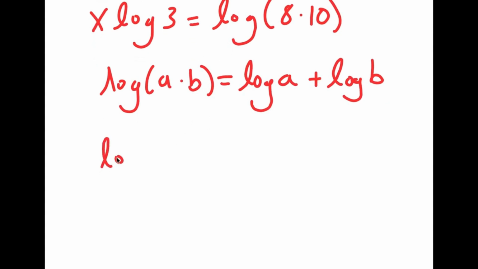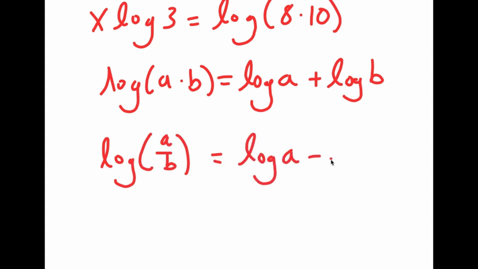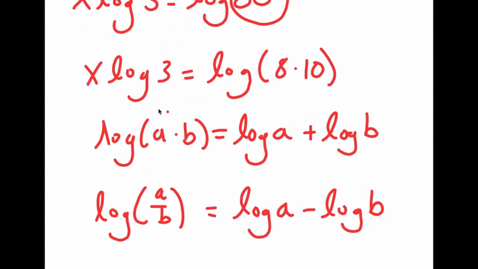There is also log a over b, and if I have something in this form, this is the same thing as log a minus log b. So now going back to the problem, we have log 8 times 10, and we can use this property. So we can think of 8 as a and 10 as b.